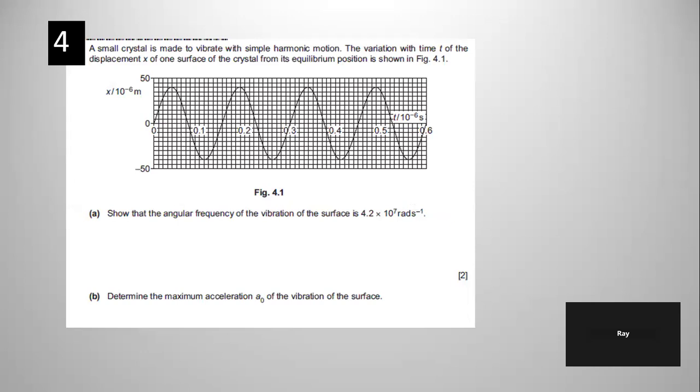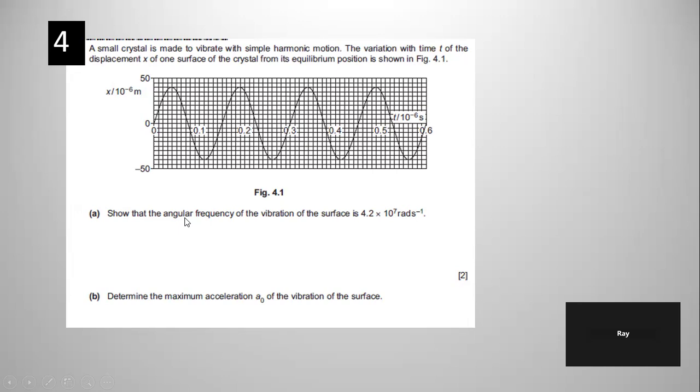Simple harmonic motion has been coming out in every paper. A small crystal is made to vibrate with simple harmonic motion. The variation with time t of the displacement x of one surface of the crystal from its equilibrium position is shown in figure 4.1.